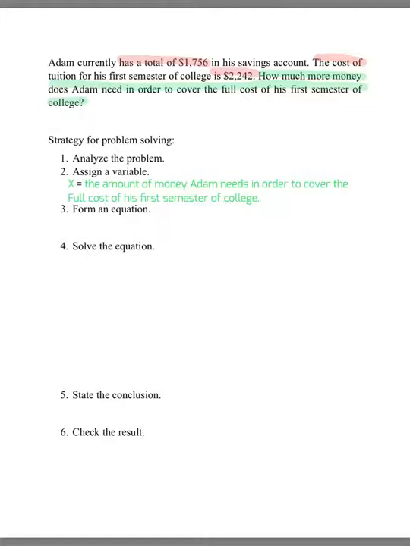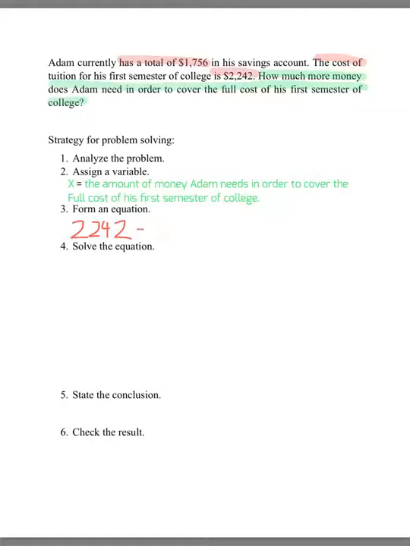So let's see. The cost of tuition for his first semester of college is $2,242. That's the cost of tuition for his first semester of college. So that's the goal that he wants to reach.